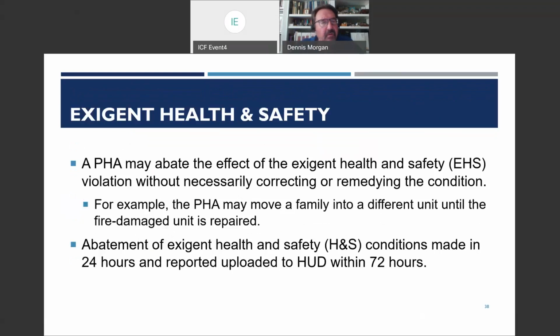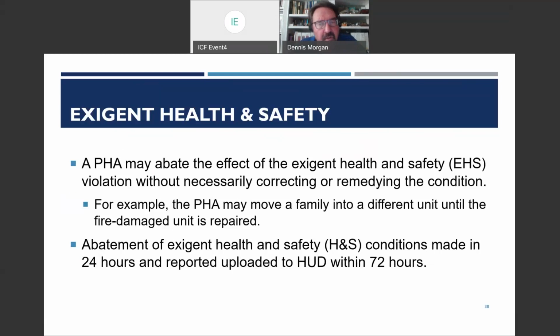A housing authority, when it's abating what are called the exigent health and safety issues, can take corrective action, and you want to remedy those situations within 24 hours. The abatement of the exigent health and safety condition also means I could be moving that tenant out of that particular hazardous condition, which would be a 24-hour condition.